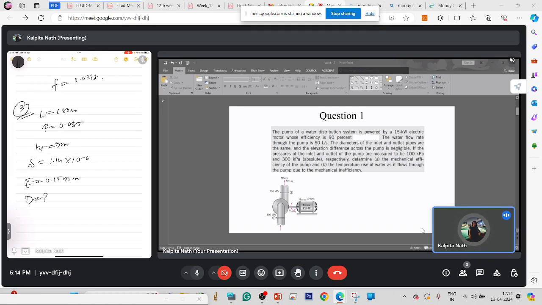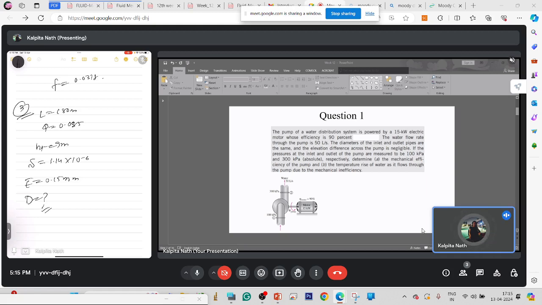Diameter we don't know, we need to calculate that. Reynolds number and epsilon by D we also don't know.